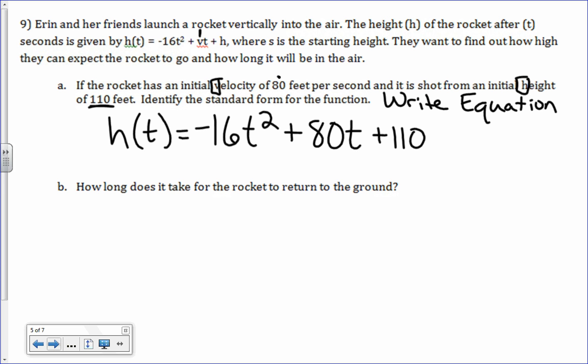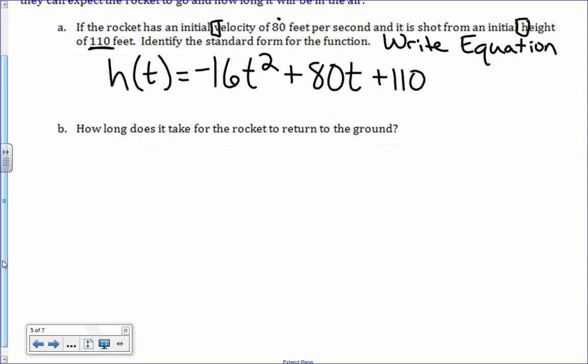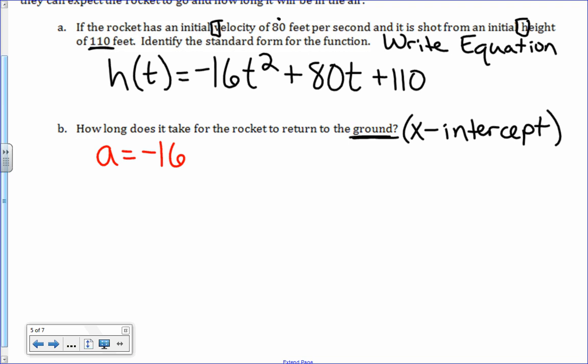9b is where you solve the equation because it says how long does it take for the rocket to return to the ground. The ground would be the x-intercept, which is a solution. So if we're looking at this, we would identify A is negative 16, B is 80, and C is 110. And then we would just plug it into our quadratic formula.